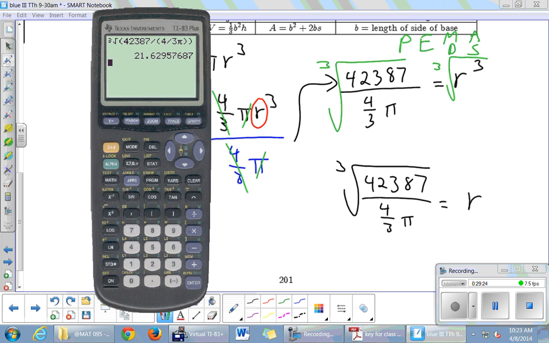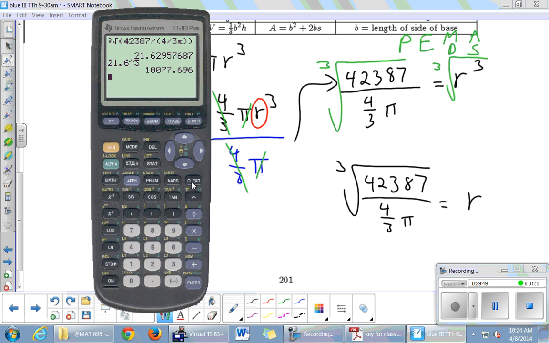Actually, maybe I'm feeling okay about my answer. If I take 21.6 and I cube it, then we should hopefully get something. Yeah, all right, I'm feeling good about my answer.